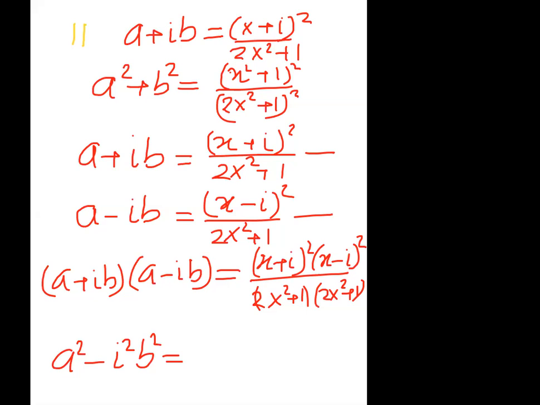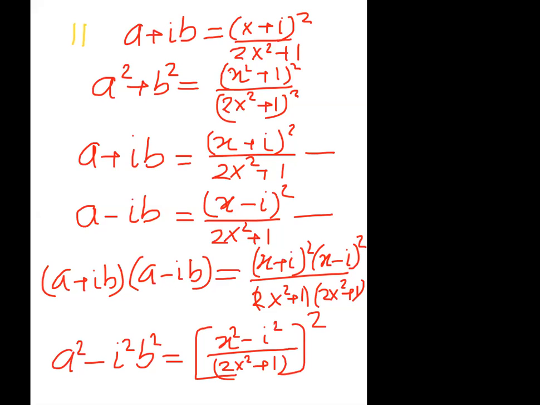So what I could do, I'm taking the square sign out. Only one denominator will come, 2x square plus 1. And the numerator a plus b, a minus b, a square minus b square, that is i square.